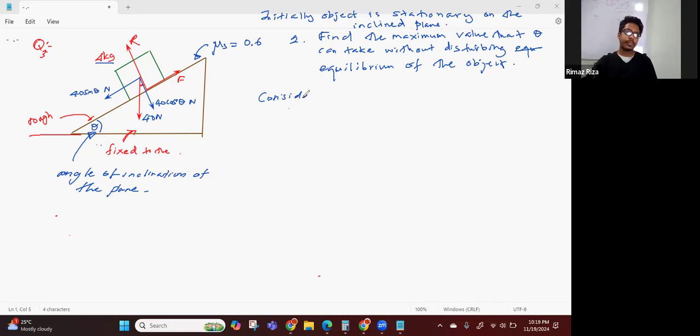Because initially the object is in equilibrium, right? Considering the equilibrium of the object.